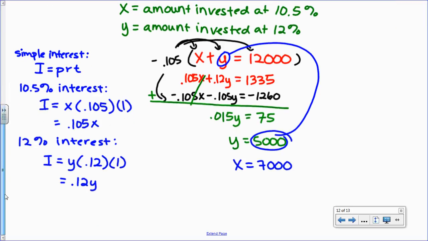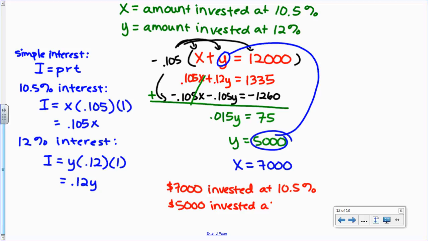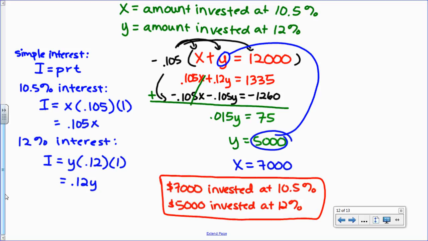Okay, and then let's answer the question. 7,000 invested at 10.5%, and then 5,000 invested at 12%. Okay, questions about that?